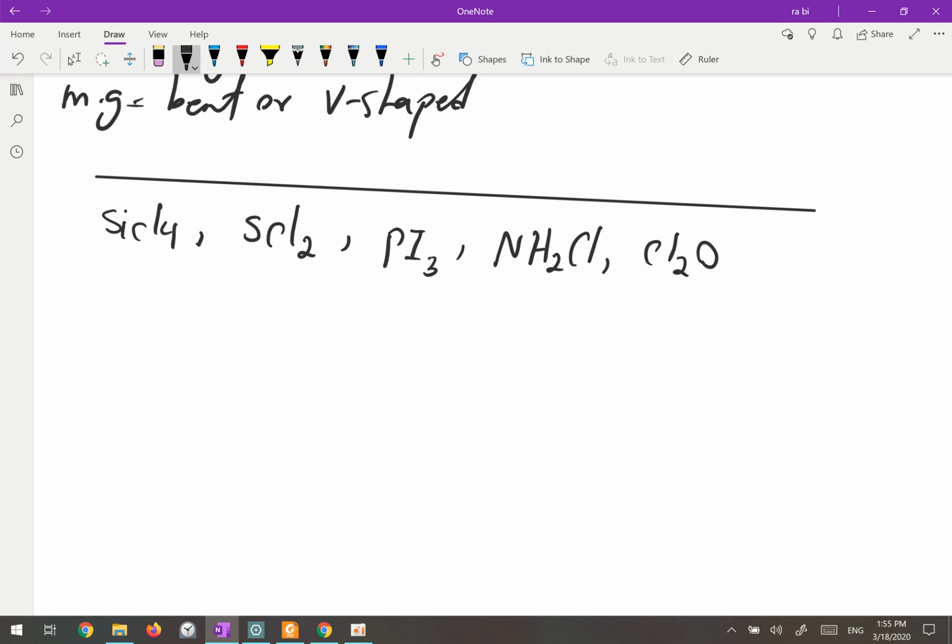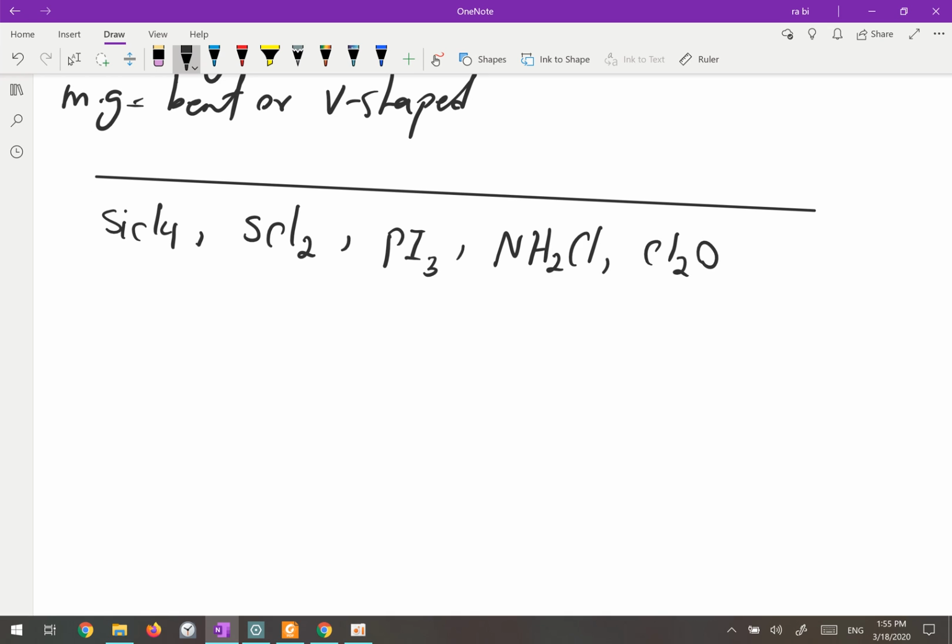After you have drawn all of that on the paper or inside your notebook, let's come back to this video and check if you had got the correct structures and shape of the molecule for each one of them. Okay, so let's draw them here.